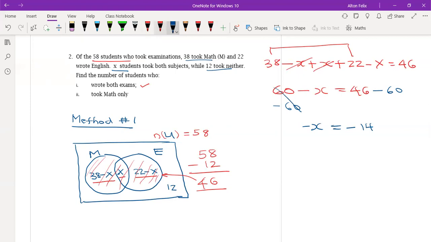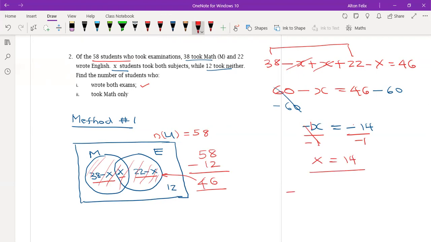And we can do it one of two ways. First of all, let's appreciate that the number 1 is understood here. So if we are solving for X, we can divide by minus 1 on both sides. And of course, this will cancel, giving us X is equal to minus 14 over minus 1, which would be 14.